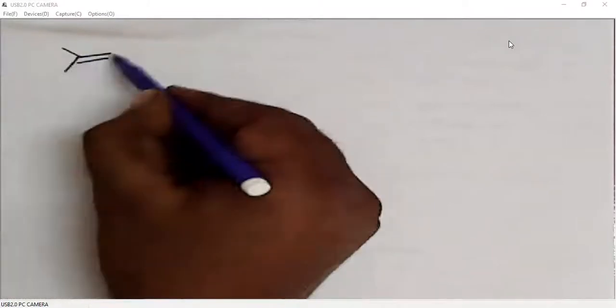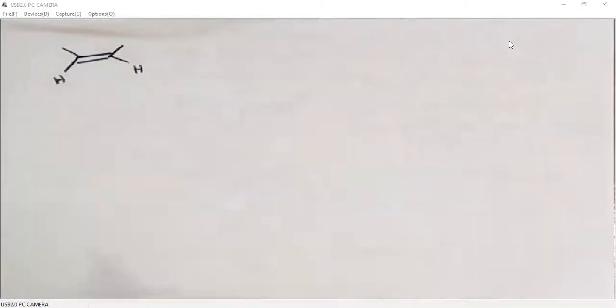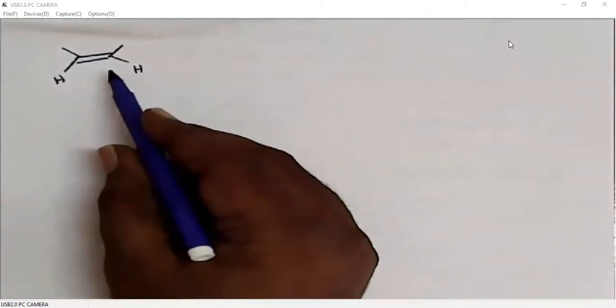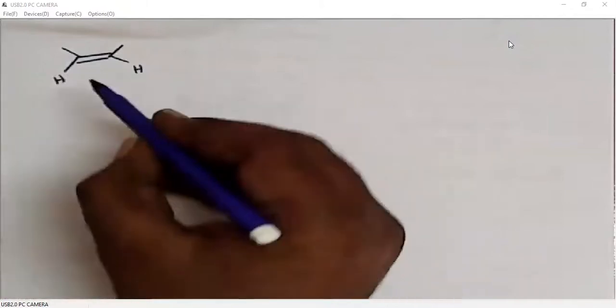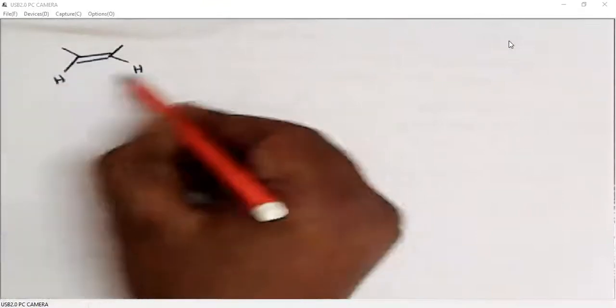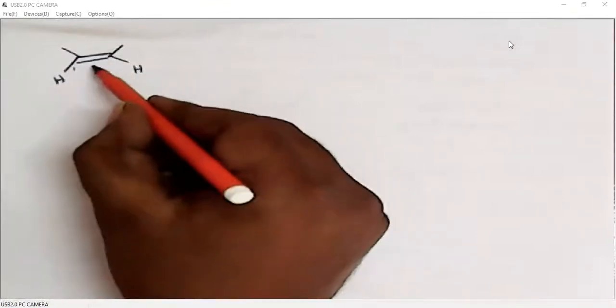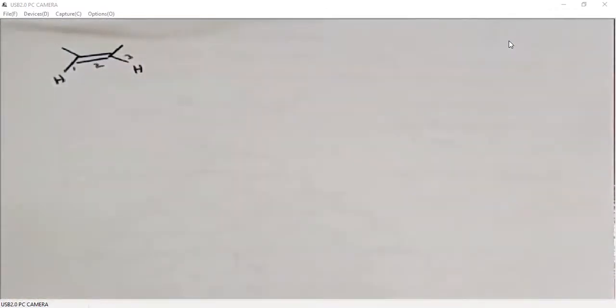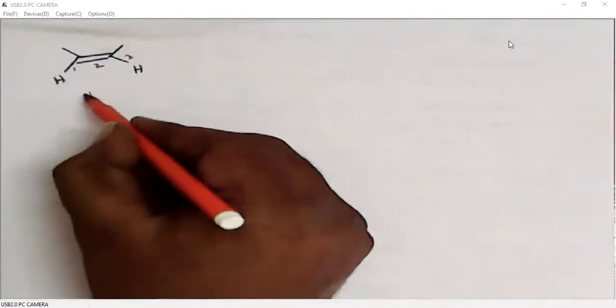The coupling constant between two protons which are cis to each other on a double bond is generally called three bond coupling, because between these two protons we have 1, 2, 3. So they are three bonds away. So it is called a three bond coupling.